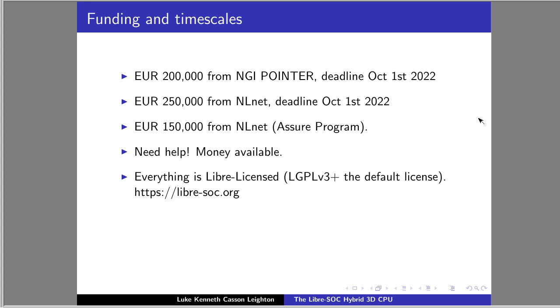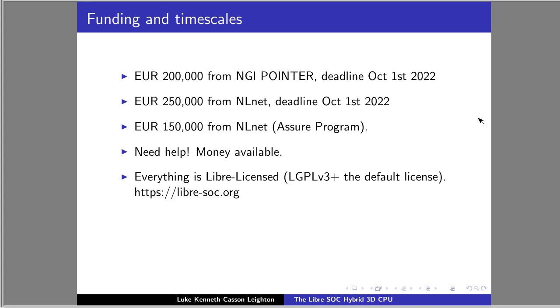The deadline for completion of that task is October 1st, 22. There is about €250,000 from LRNet, which has the same October deadline. That's because it's under the Horizon 2020 program, which was extended because of the pandemic. It should have finished several months ago, but it has been extended.